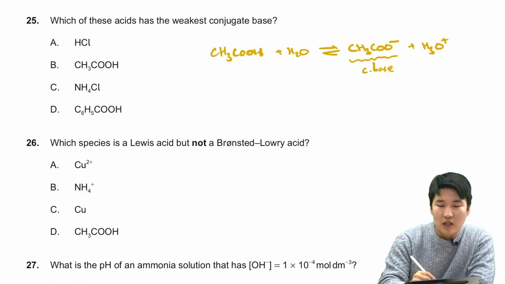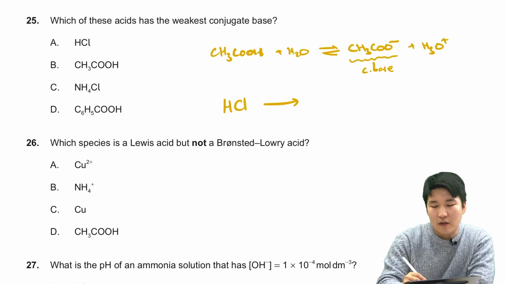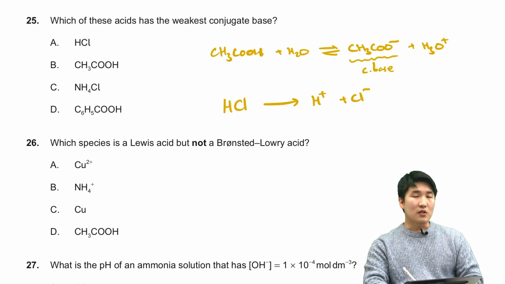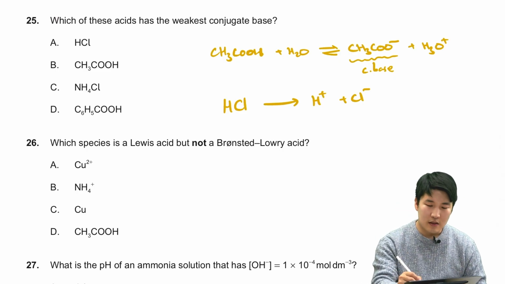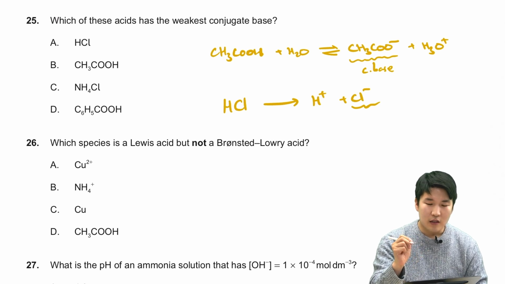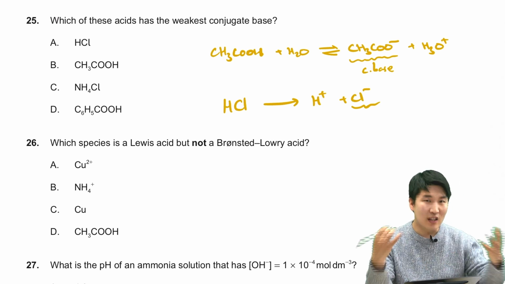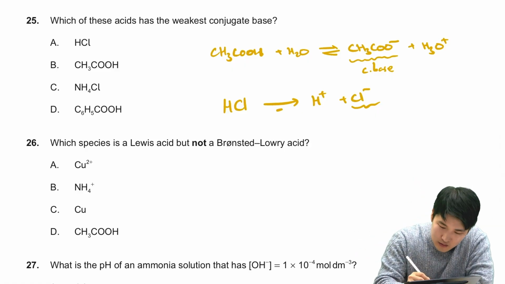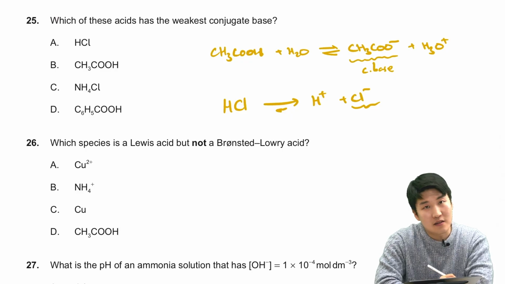This would be different to HCl, a strong acid that fully dissociates. And one of the reasons why HCl fully dissociates is because Cl- is a weak conjugate base that cannot re-pick up H plus to go back to the original acid state.